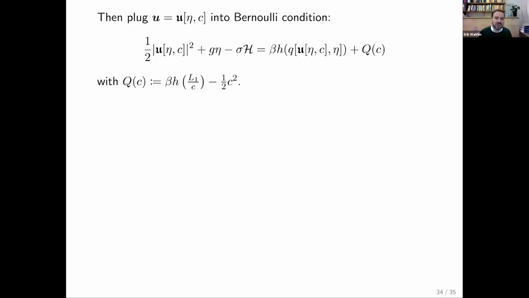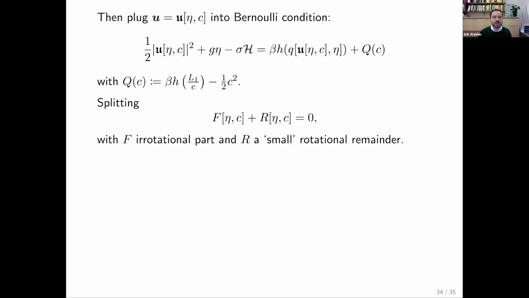Okay, and then we plug this into the Bernoulli equation. We solve that using a version of Crandall-Rabinowitz, but where we have to take this loss of derivatives into account.